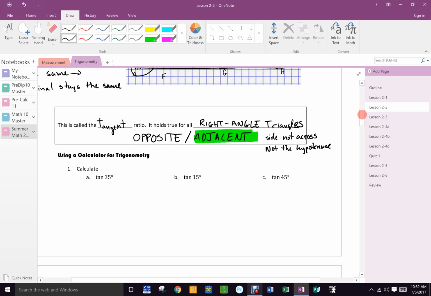Everybody should be looking at their calculator screen now. Somewhere on that screen, you should be seeing a small capital D, or the word D-E-G. Everybody look at your screen and make sure you can see one of those two things.